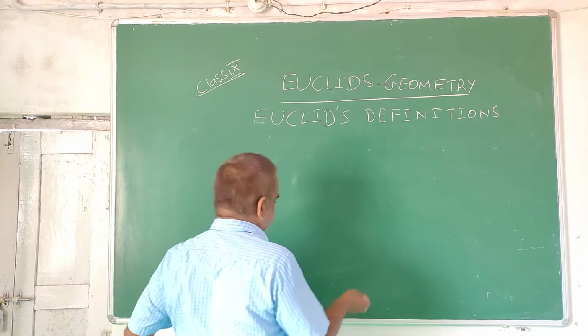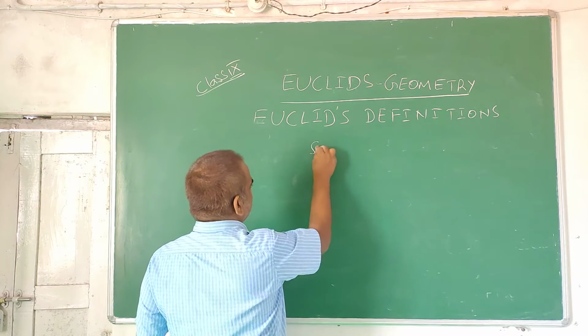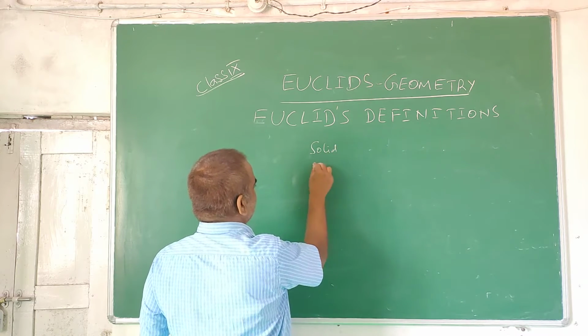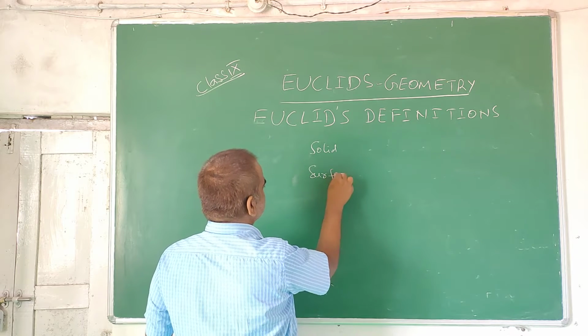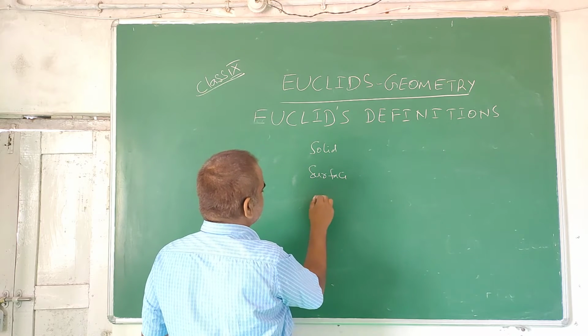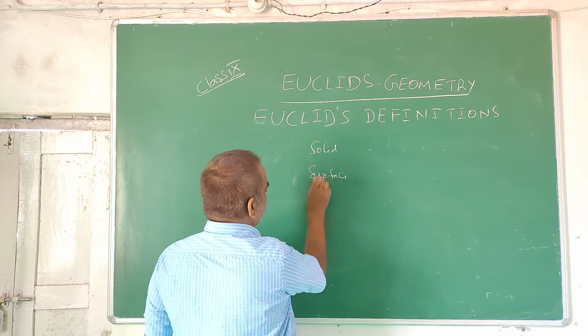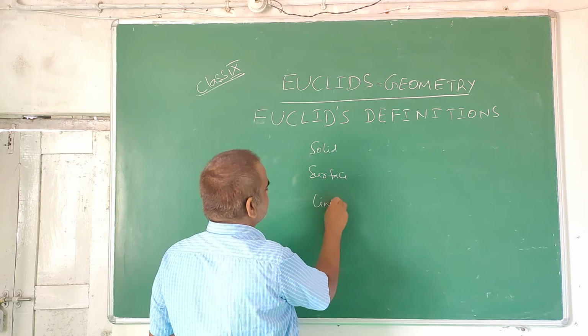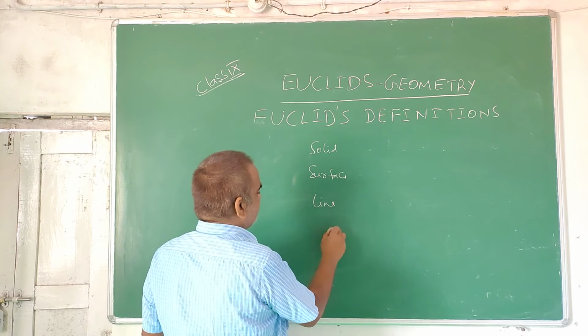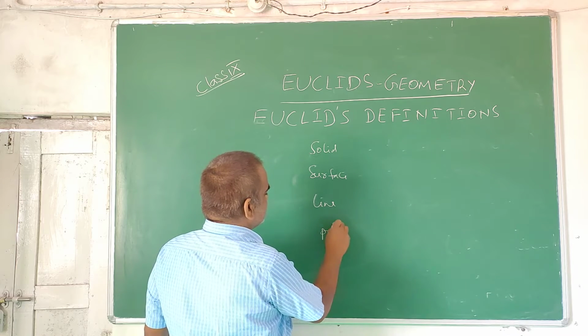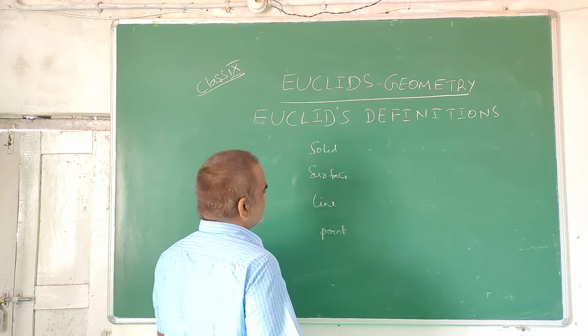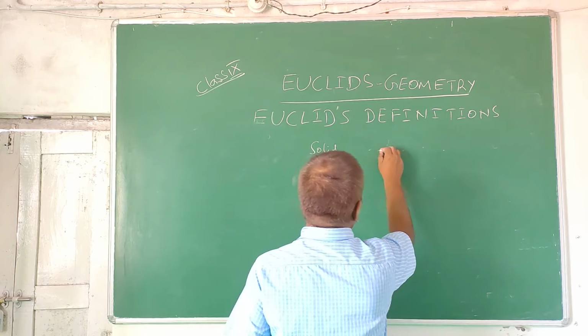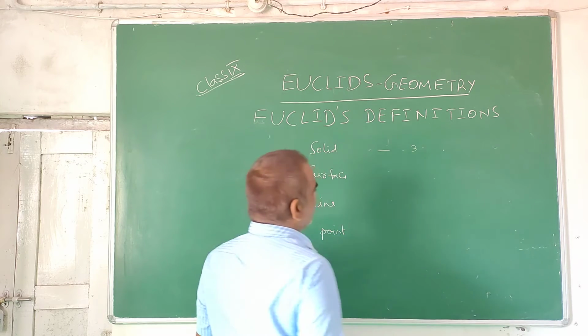See, from solid to surface, one dimension will be reduced. From surface to straight line or line, again one dimension will be reduced. From line to point, one dimension will be reduced. A solid has length, breadth, height, 3 dimensions.